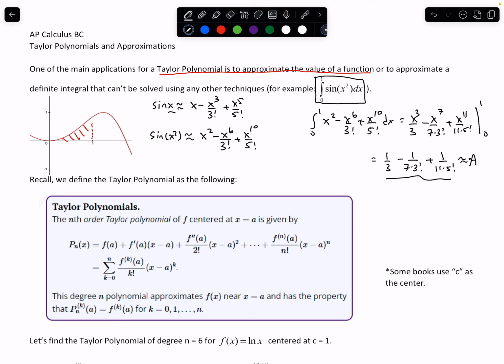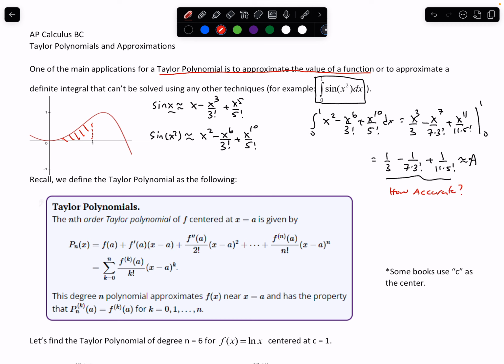And it's not going to be the exact value again, but it'll be a very close approximation. And even if I could integrate sine of x squared, this is still a lot quicker to get. And for most purposes in our life, sometimes we only need an approximation. Now, later on, we will talk about how accurate this is, and that's when it gets a lot more fun for us.